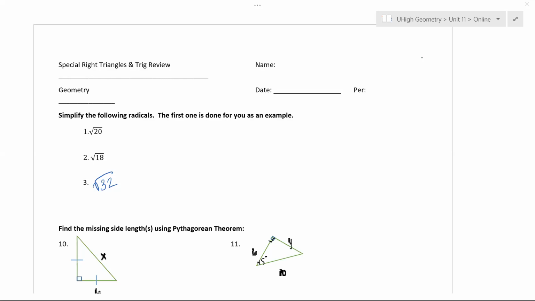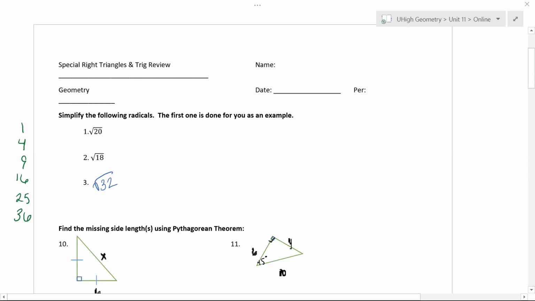the following radicals. Remember, when we're simplifying radicals, we're thinking of our square roots, so thinking of our perfect squares: 1, 4, 9, 16, 25, 36.